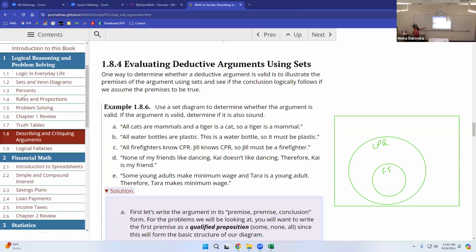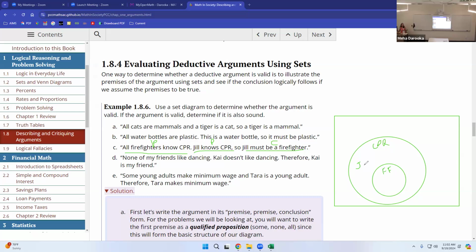The conclusion is Jill is a firefighter, but the premises are that they know CPR and all firefighters do. So we know Jill knows CPR, which means technically they should go inside the CPR circle, right? They cannot go inside the firefighter circle because there's no premise or anything telling us.